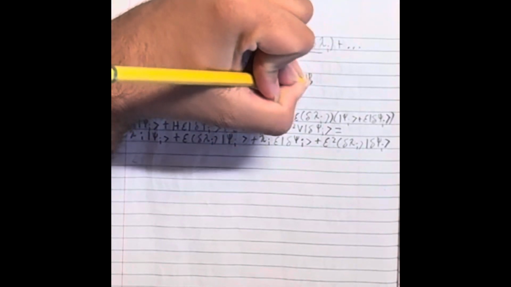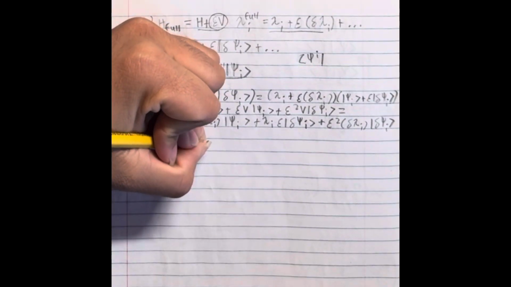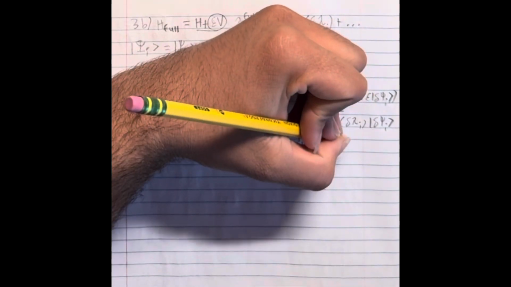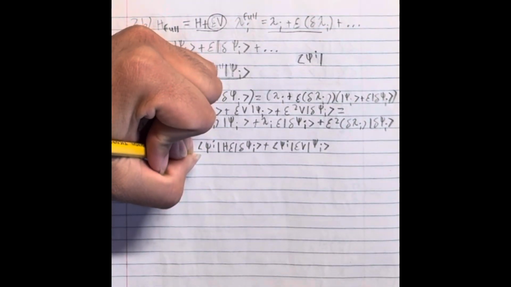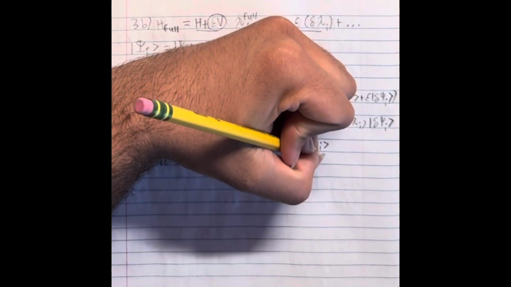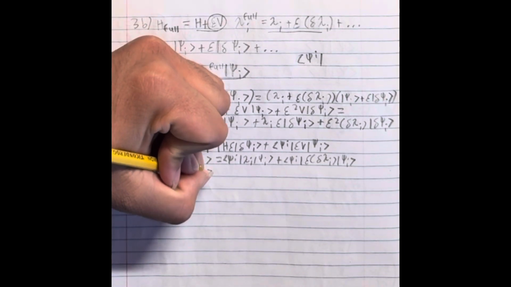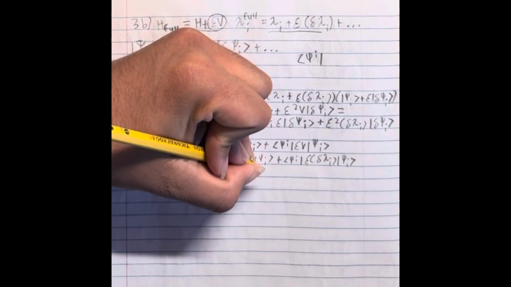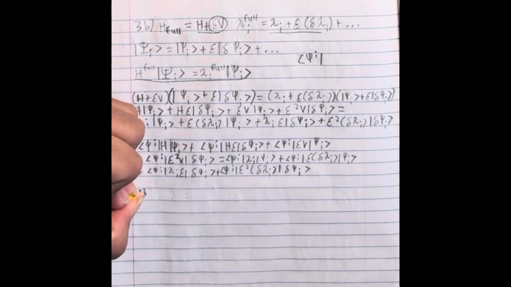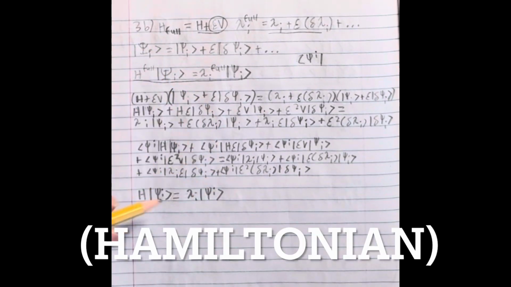We can hit both sides with row vector psi. Using the definition of the eigenvalue and the operator, we can rewrite the expression to have lambda rather than the Hermitian operator.